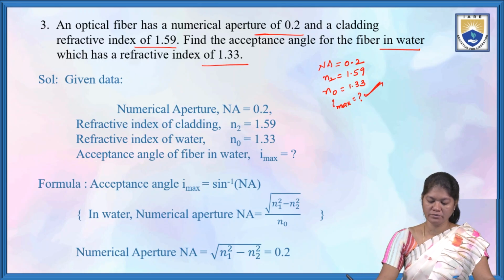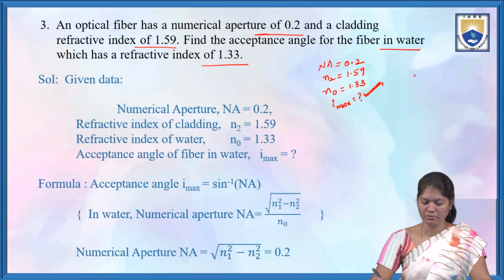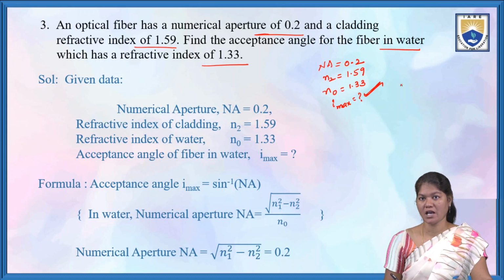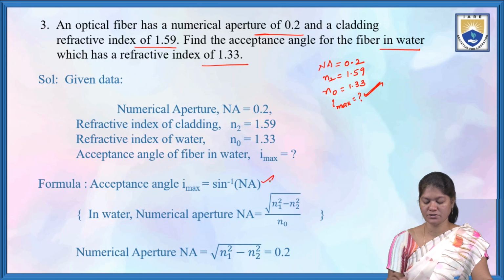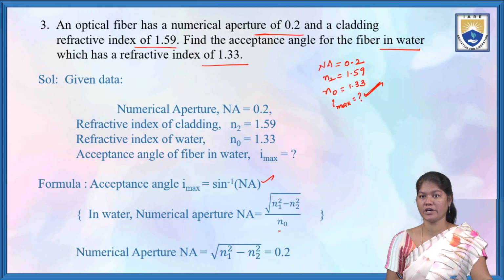So what formula are we using here? The formula for i maximum, the acceptance angle, is sine inverse of NA. Here NA is equal to root of N1 square minus N2 square, divided by N0.